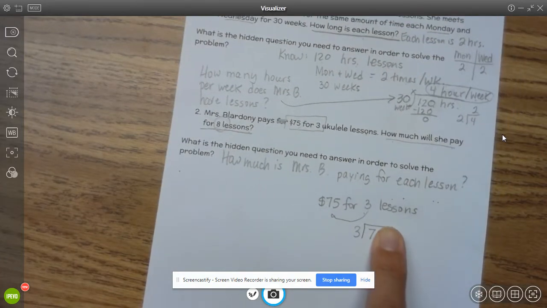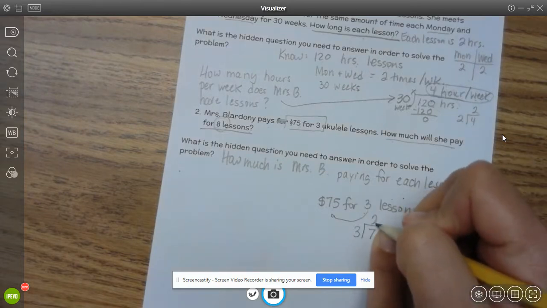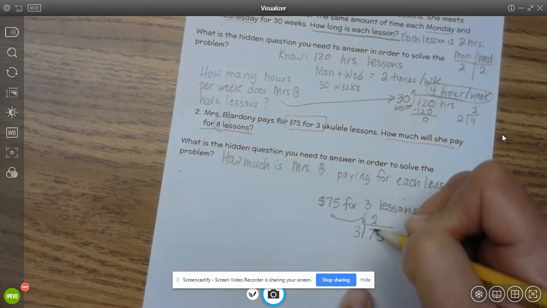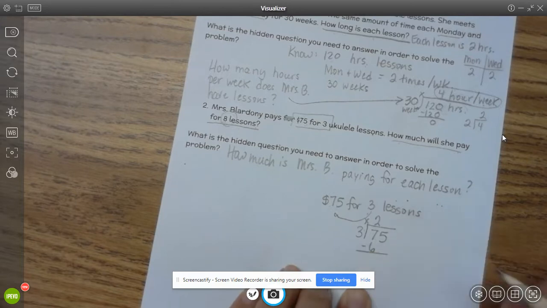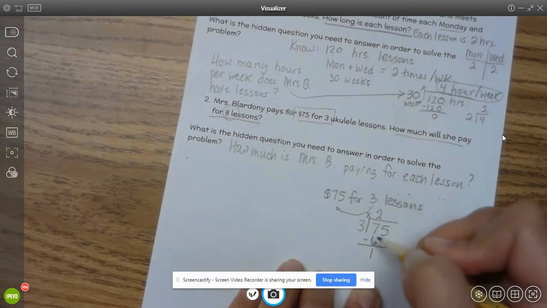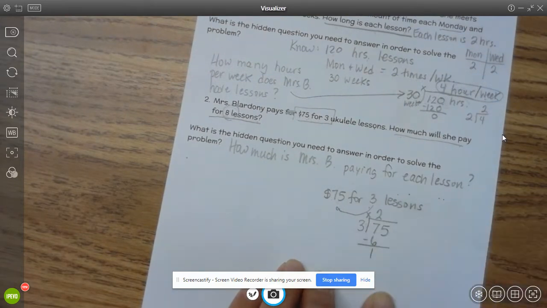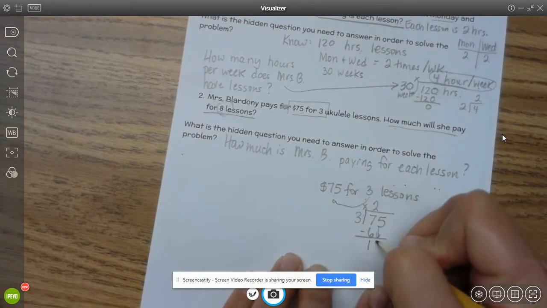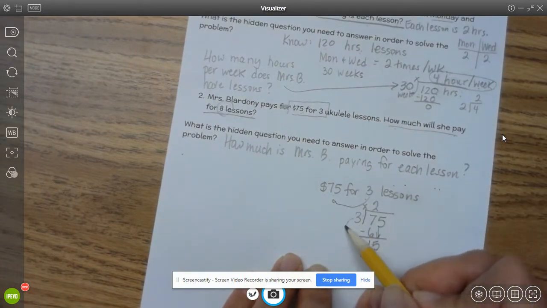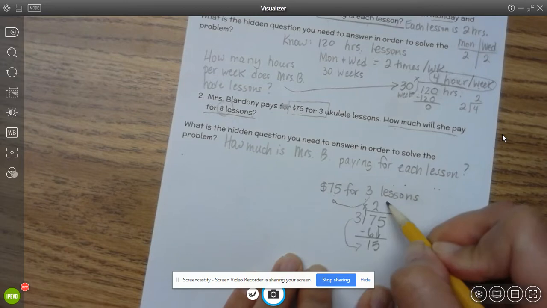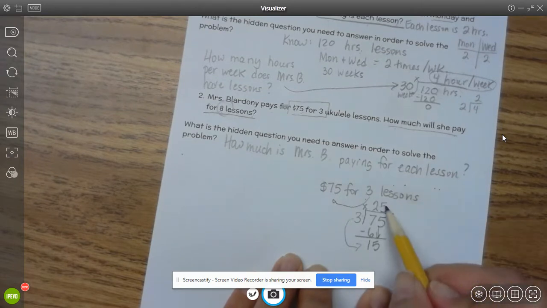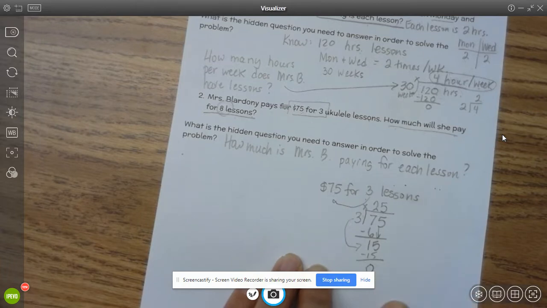3 goes into 7 2 times. 2 times 3 is 6. I do my subtraction. That's 1. 1 is less than 3. Doing my check, I'm good. I bring down my 5. 3 goes into 15 5 times. 5 times 3 is 15. I have no remainder. So my answer is 25.